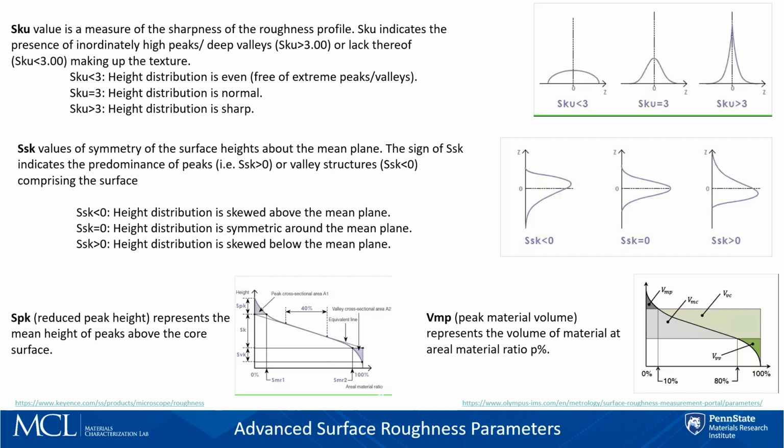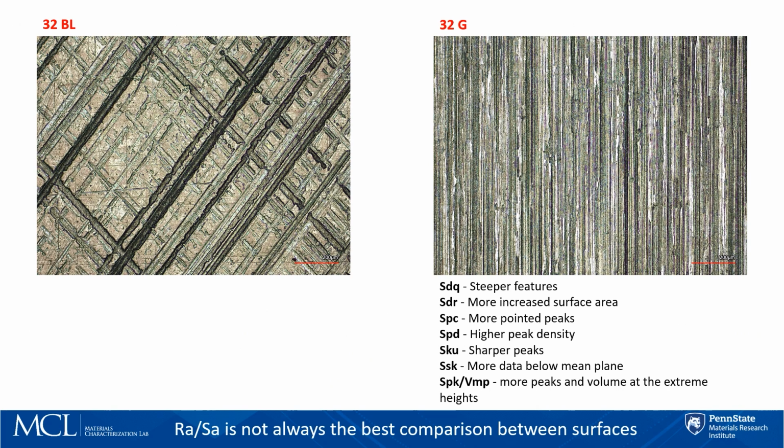We have SPK and VMP, which are going to give us the height of the peaks around the core surface, and deep high peaks and low valleys. So taking that all into consideration, and the fact that average roughness and RMS roughness are not helping us out here, we can see that if we look at those parameters, the SDQ, the SDR, the SPC, for the 32G sample, the SDQ is telling us we have steeper features.